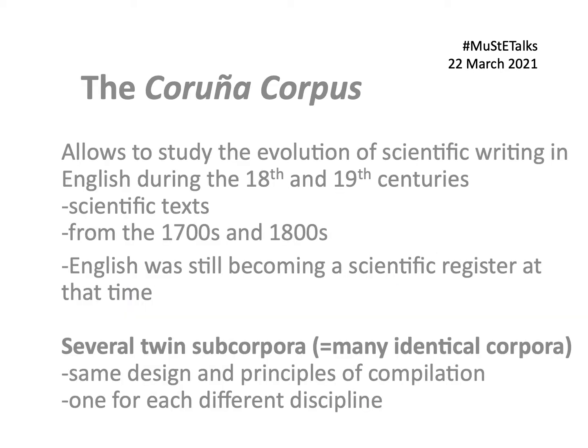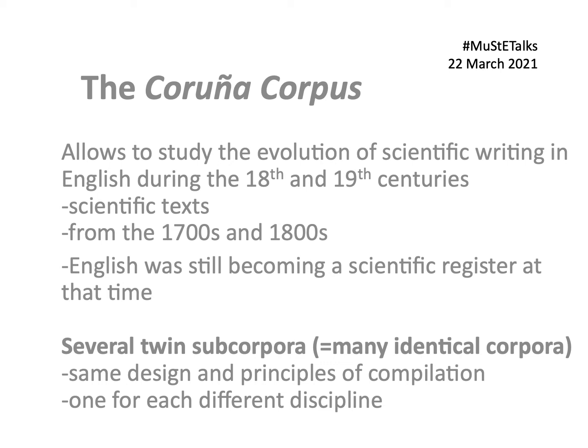The Coruña corpus of English scientific writing, shortly called the Coruña corpus, is a diachronic corpus of scientific texts from the 18th and the 19th centuries. So you get texts from the 1700s and the 1800s, and this is so interesting to work with because it's really like a time machine. You see all those special characters and that somewhat unusual language they would use back then.